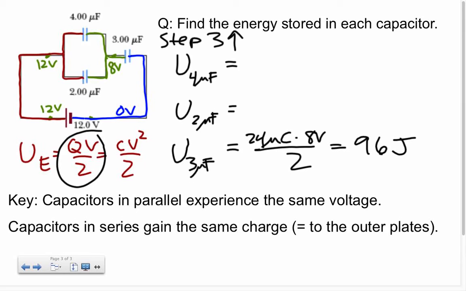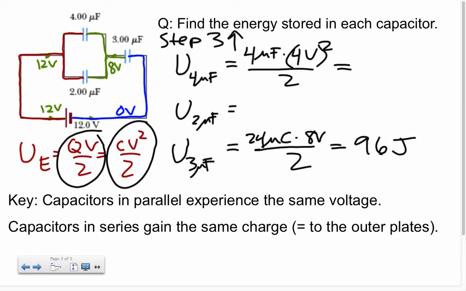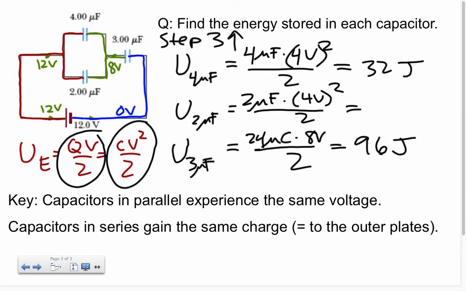The other two, it might be easier to use this one, because we know it's a difference of 4 volts. And then 2. And we find that it's 32 and 16.